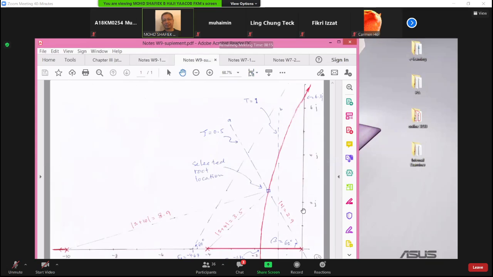But make sure that you use the same scale for the imaginary axis and the real axis. If it is 1 centimeter for 1 unit for the imaginary axis, you must use 1 centimeter for 1 unit for the real axis as well. Otherwise, the angle, for example 60 degrees, will be meaningless. Of course, you need to draw that using graph paper.